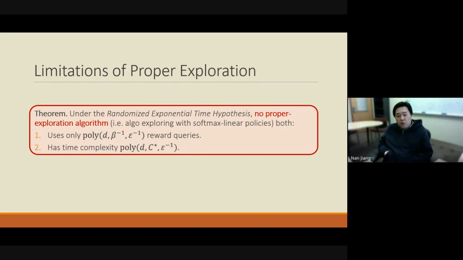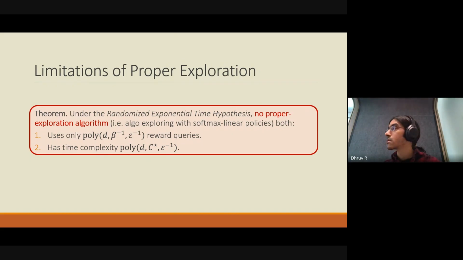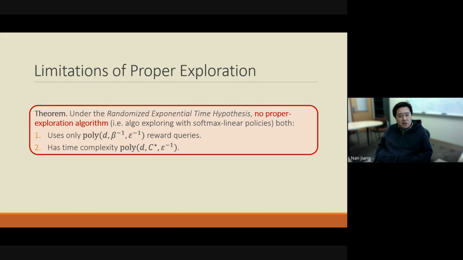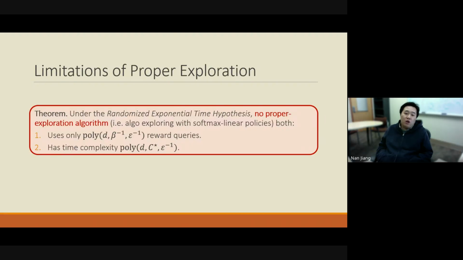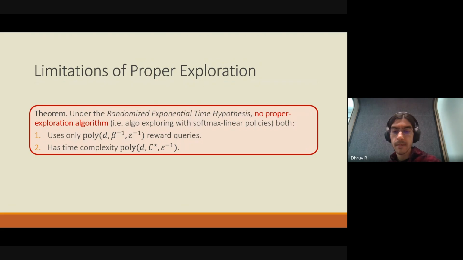Wait, so if you demand proper exploration, then wouldn't it be the case that the computational complexity and reward complexity always align? Because you're not allowed to filter. Isn't that saying that you must put a reward on every single response? But you can do more computation. Yes, you could draw, yeah.